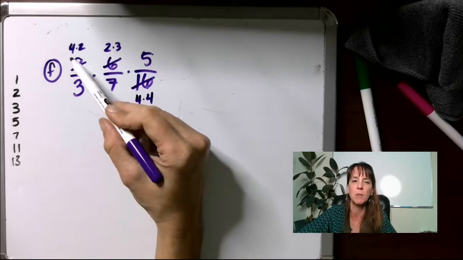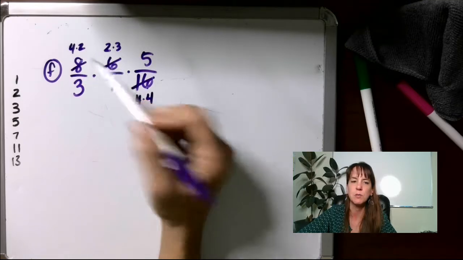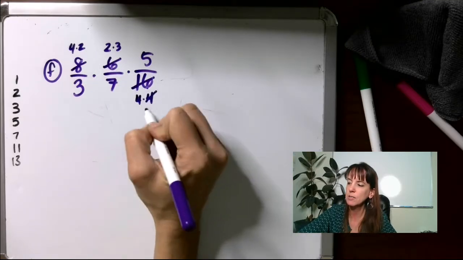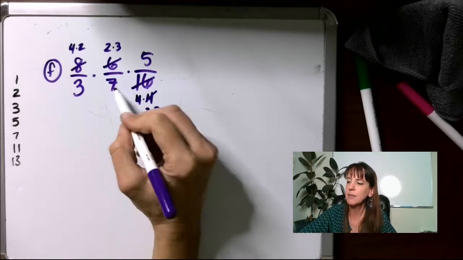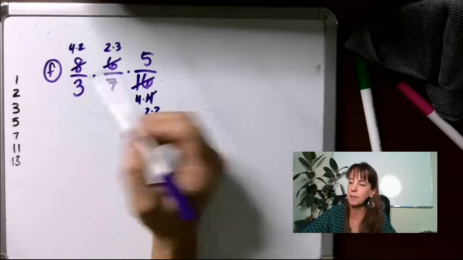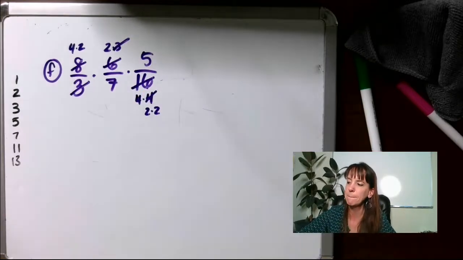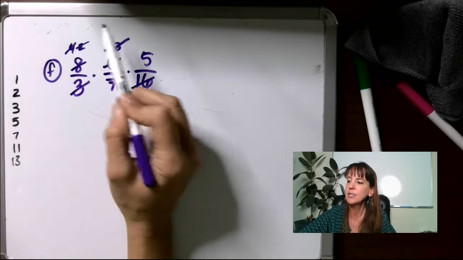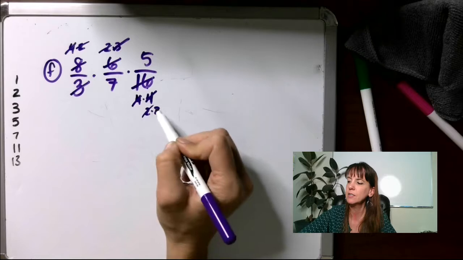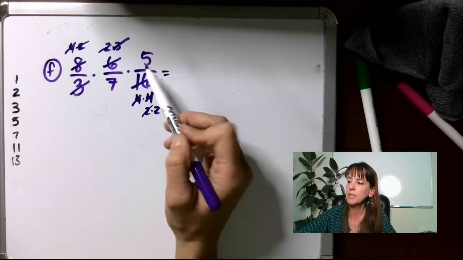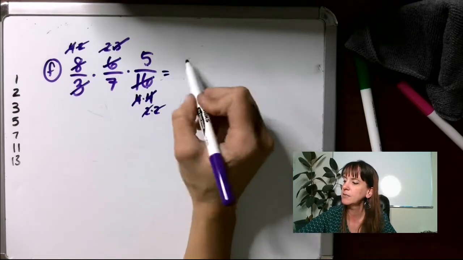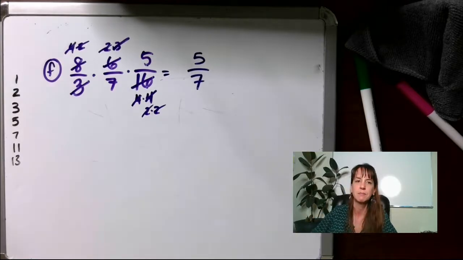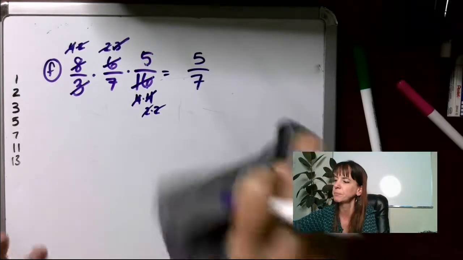Because I've got a 4 up there, but I also have those 2 2s. Do you see that? So I'm going to change one of these to 2 times 2, okay? 7 is prime, 3 is prime. So now we can start lobbing off. This and this, bam, gone. This 4 and this 4, gone. This 2, gone. This 2, gone. So upstairs I have 5, downstairs I have 7. So 5 sevenths.